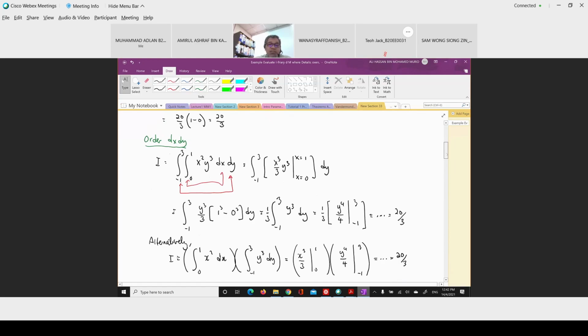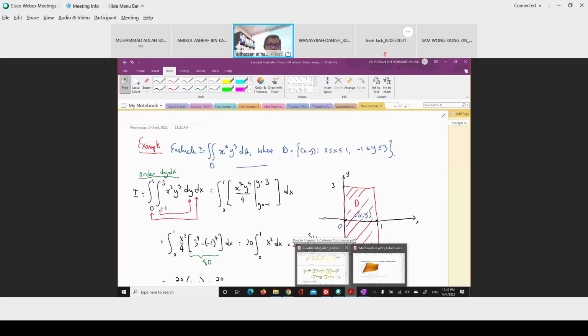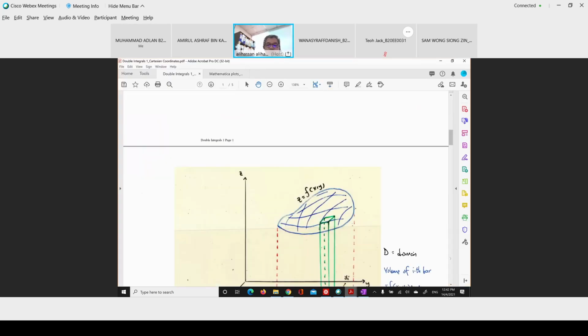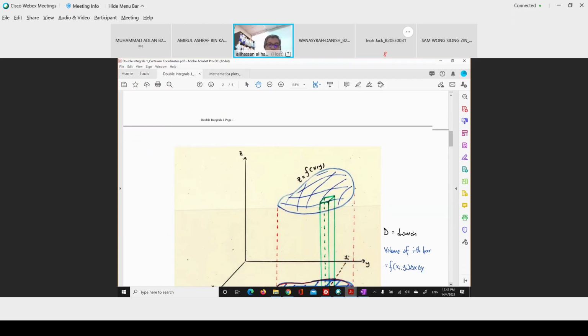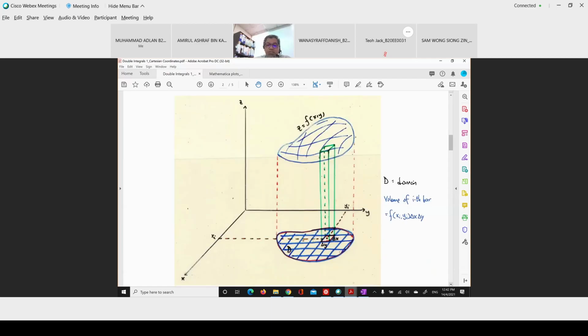But sometimes we just evaluate integrals for the sake of evaluation, nothing to do with areas, right? So here I'm using the problem of finding volume to introduce how the problem leads to the concept of double integral.